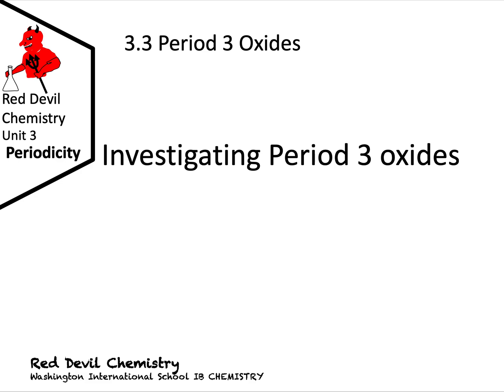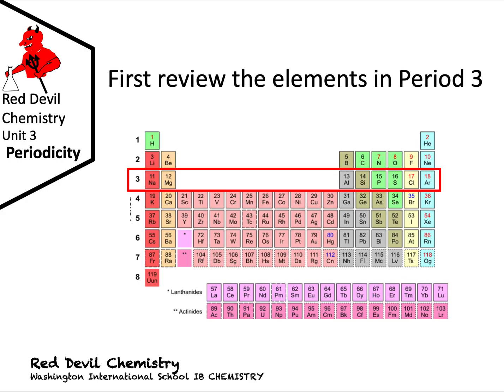And it may be period 4, but you're actually going to investigate period 3 oxides. So first thing we'll do is just look at which ones they are in the periodic table. So we've got an n equals 3.